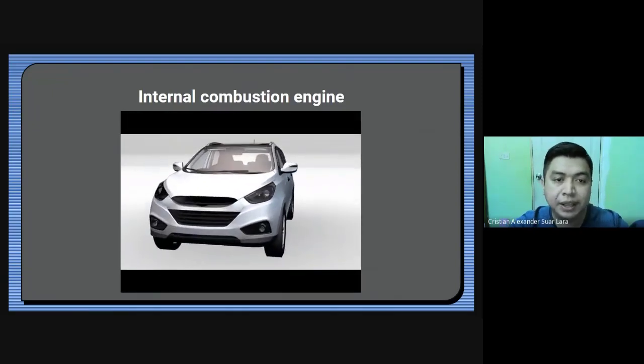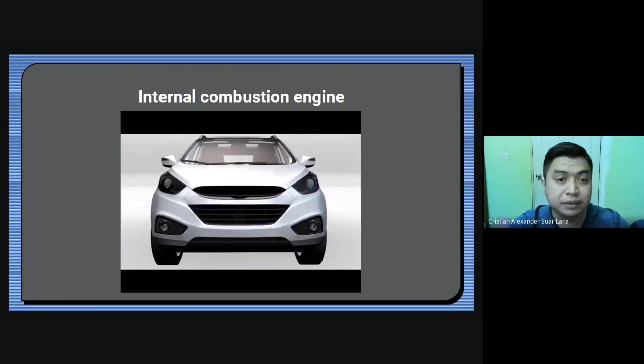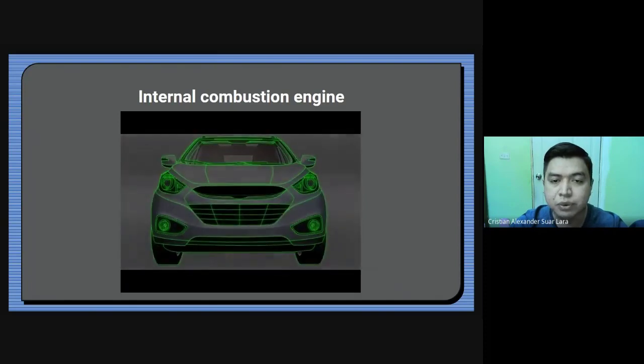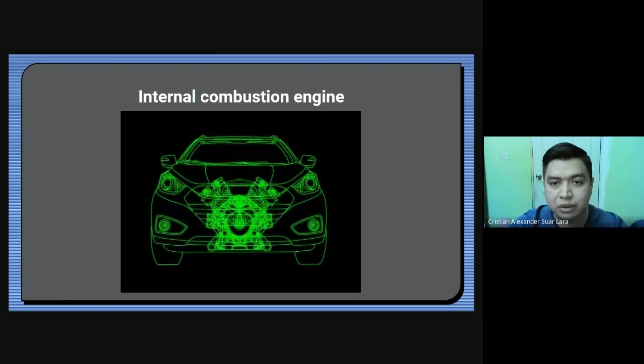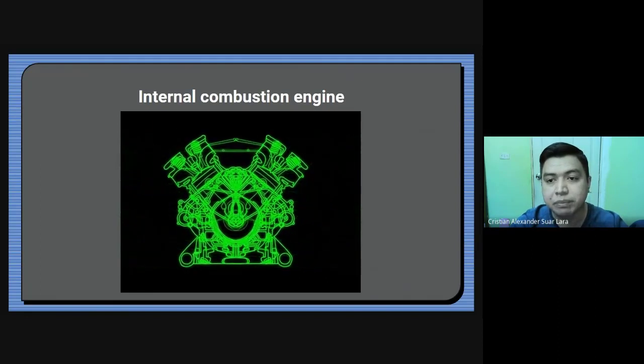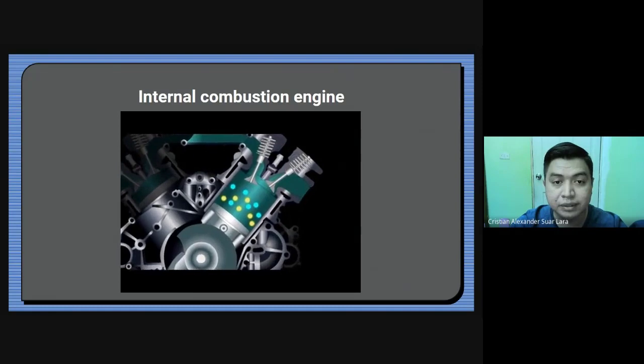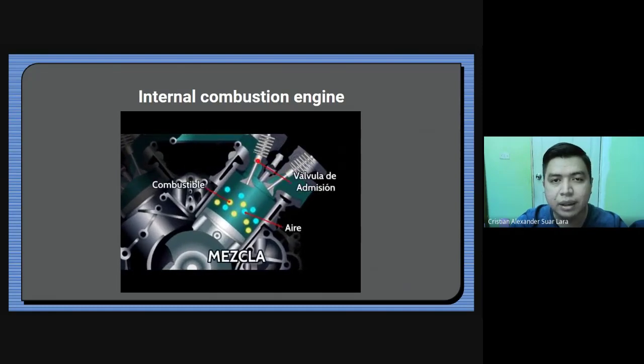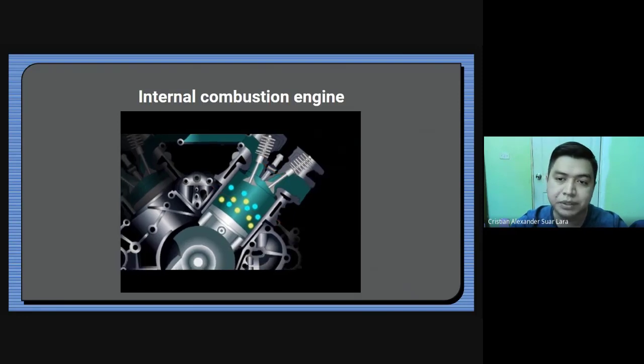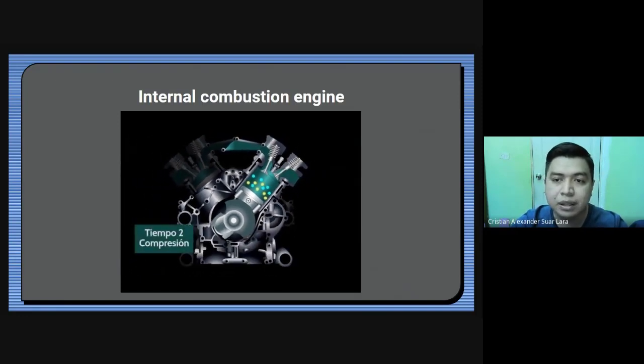The internal combustion engine is an engine in which the burning of a fuel occurs in a confined space called a combustion chamber. This exothermic reaction of a fuel with an oxidizer creates gases of high temperature and pressure, which are permitted to expand.